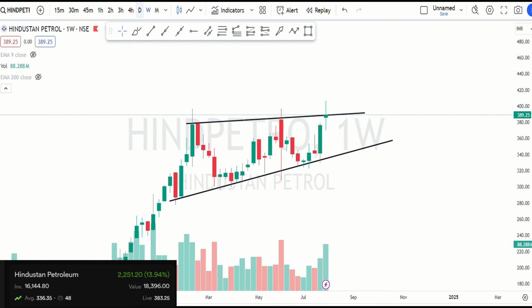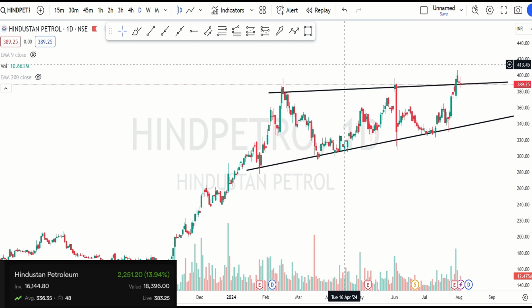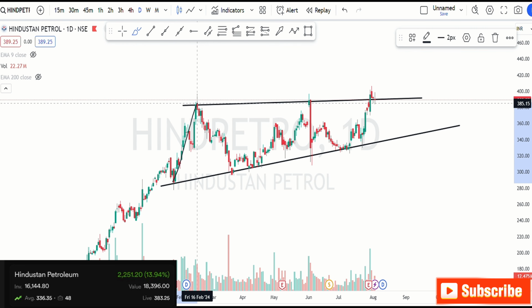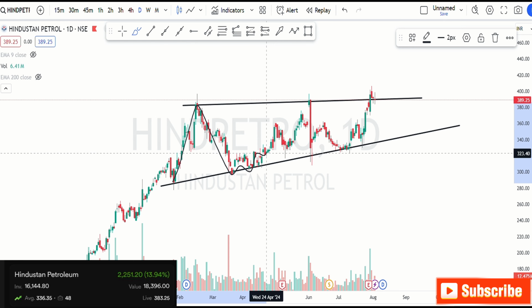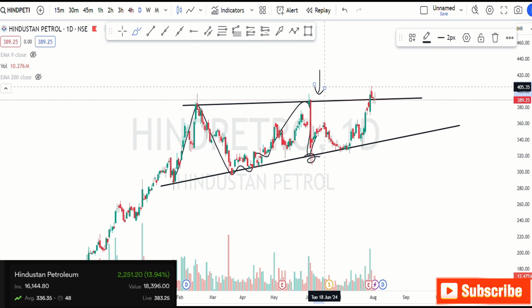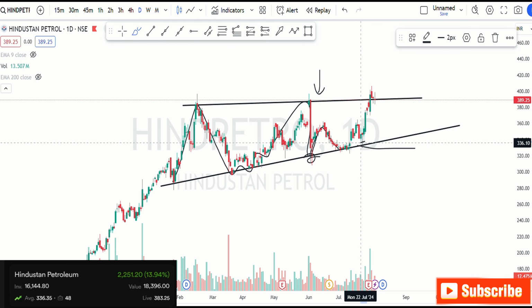How did I trade this stock? We'll go to the daily time frame. You see, when the stock came here and rallied towards its high, then came down, made a good consolidation and rallied up. So what did I say? We're going to enter at the third time. I never entered at this place because of this big red candle. So I waited for the stock to have a retracement, and I entered exactly on this green color candle.